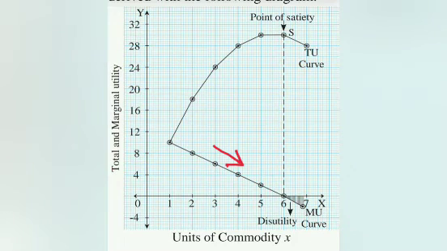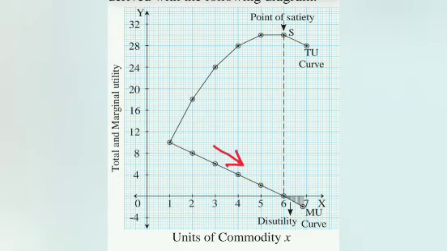That means TU upward direction, MU downward direction. From the consumption of the second unit, total utility increases at a diminishing rate and marginal utility goes on decreasing. So the TU curve slopes upward and the MU curve slopes downward.